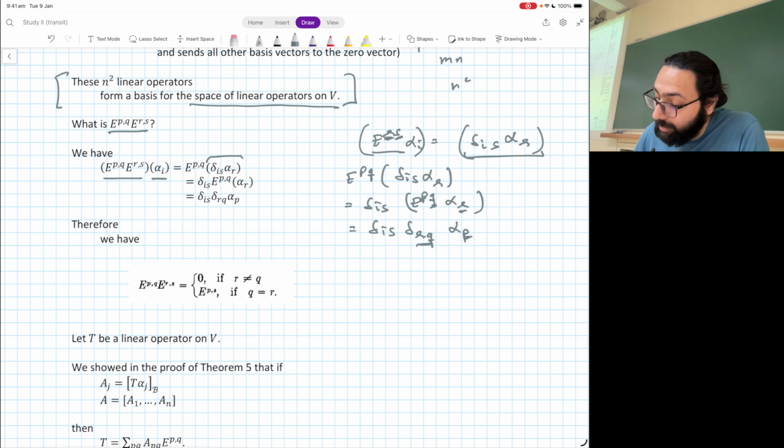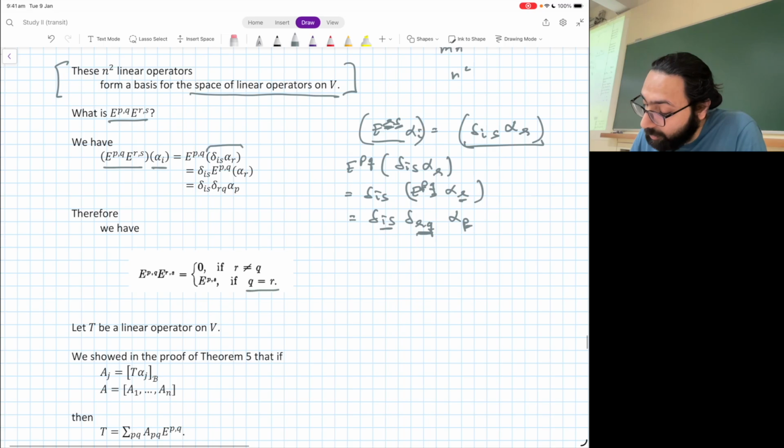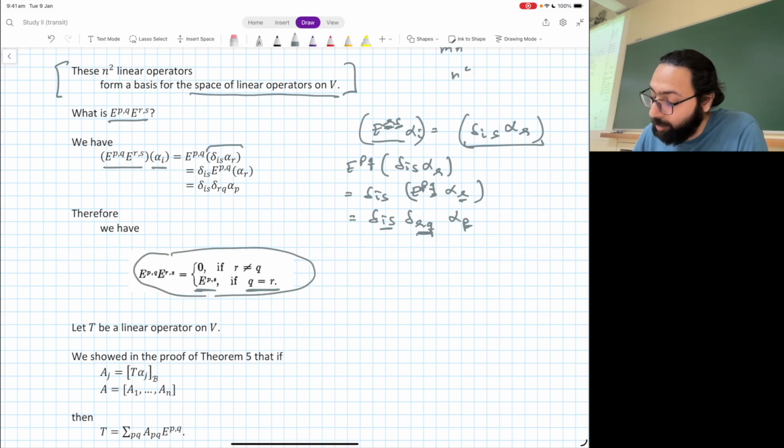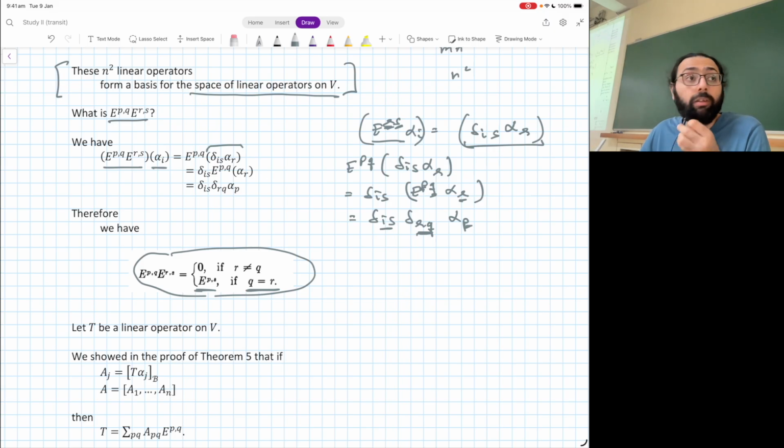Therefore, when I matches S and R matches Q, it is only then that you get a non-trivial value. Here it says when Q equals R, you apply the map E on EPS, otherwise it's zero. So they're basically showing you a composition relation.